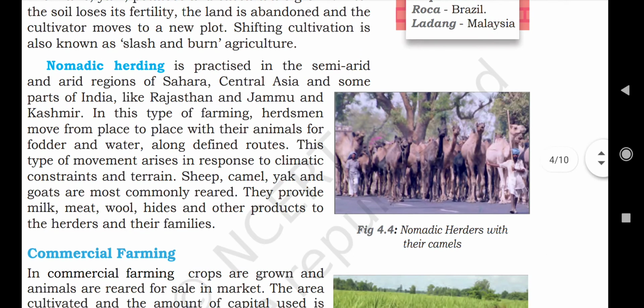Now, nomadic herding. When you pass by the road, or when you are riding your bike, or if you are going to any village, you can see a shepherd walking with their herds of cow, camel, goats on the road. Why?